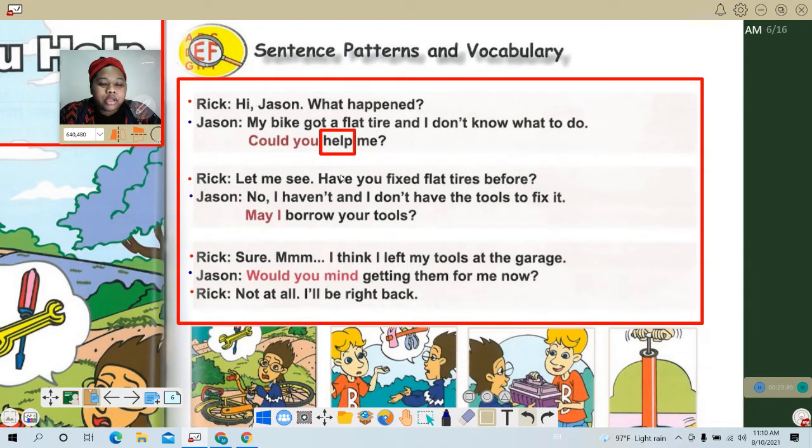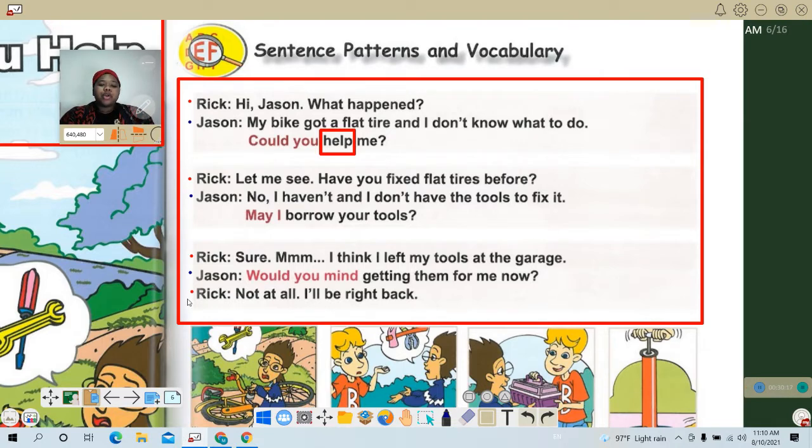Just a simple present verb. Okay? So, could you help me? Could you cook food for me? Could you buy me a drink? Could you give me some money? So it's only a verb. You don't need to say, could you helping me? No. You don't need to say, could you helped me? No. Only a verb, okay?